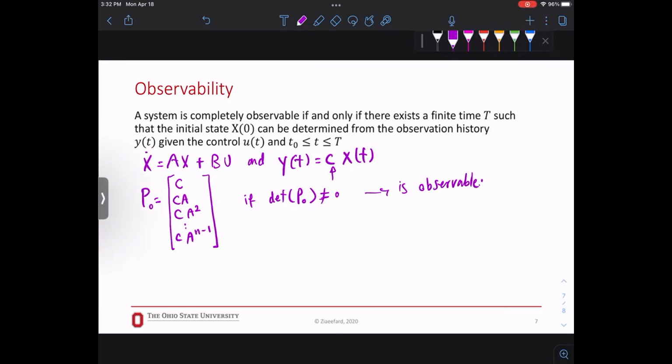An example could be, I'm going to write the matrices for you. Let's say A is 0, 1, 0; 0, 0, 1; negative a0, negative a1, negative a2. Any values you could put there. And your C is going to be 1, 0, 0.